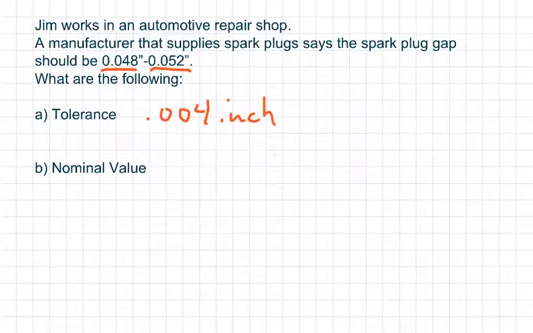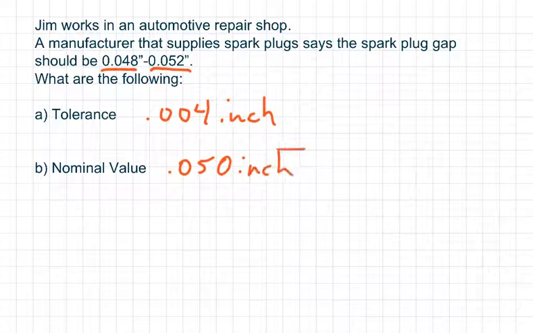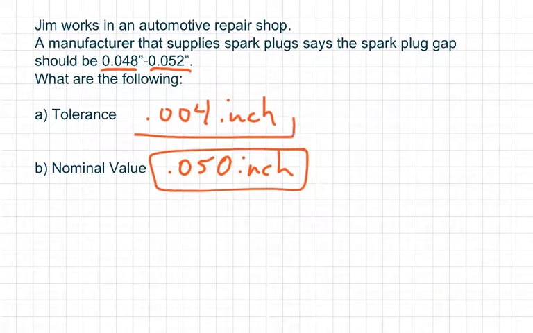You might be a 9, but you like your shoes fitting tight, and that's to you your nominal value. So I look at it that way. But generally, we look at the middle, and it's 0.050 inches. So there's your nominal value. There is your tolerance right there.